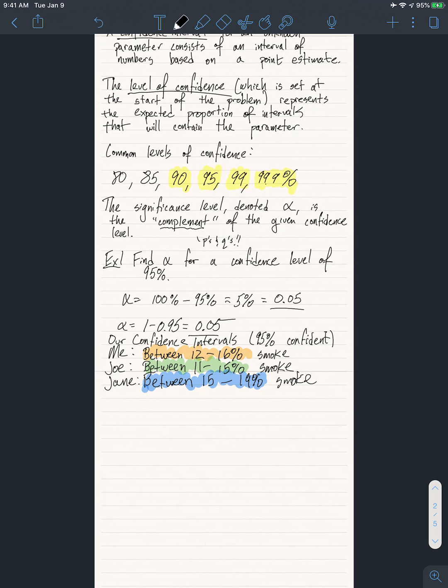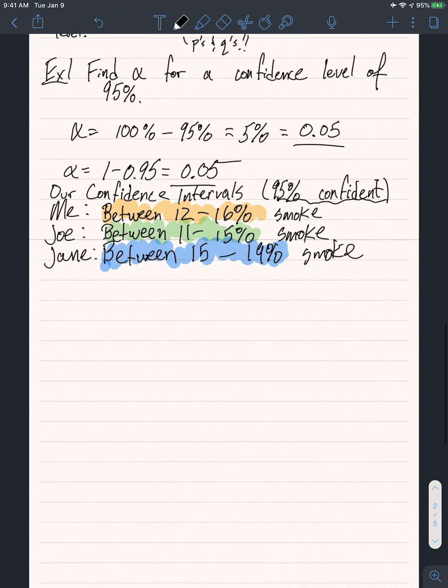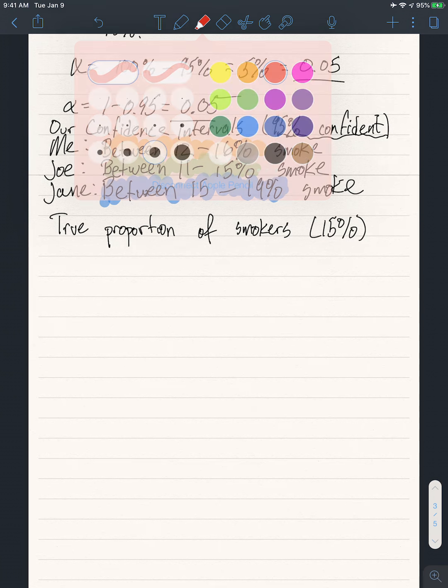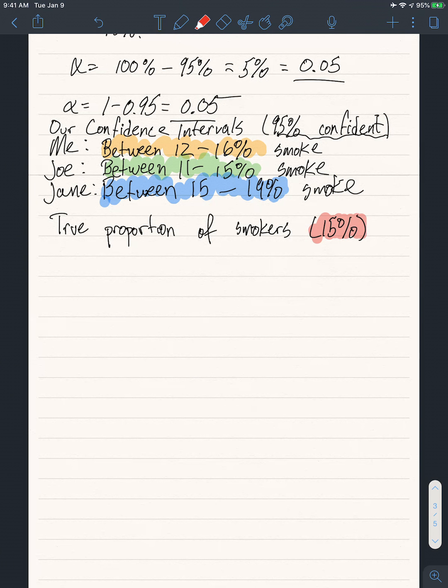But since this whole thing is set up to be 95% confident in these ranges, what that means is that the true proportion of smokers, let's say, is 15%. And I'm going to highlight this red because in real life we don't know this, right? We don't know what the true proportion of smokers is.